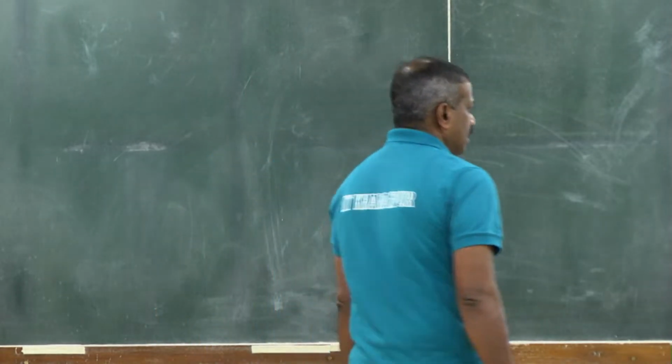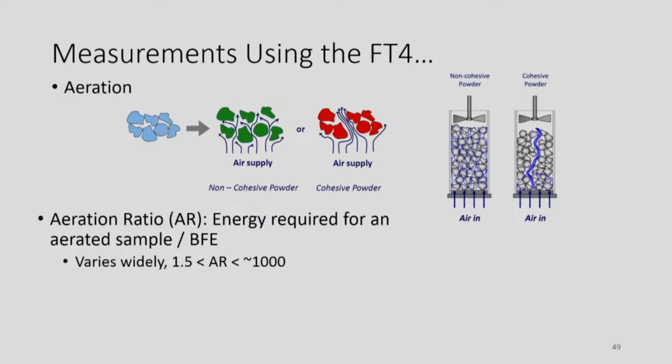It's a very simple setup like the air measurement, but the spindle will still be moving through the powder bed while measuring the flow of air through the powder bed. If it's very cohesive, then during a dynamic flowing environment the aeration will not be uniform.